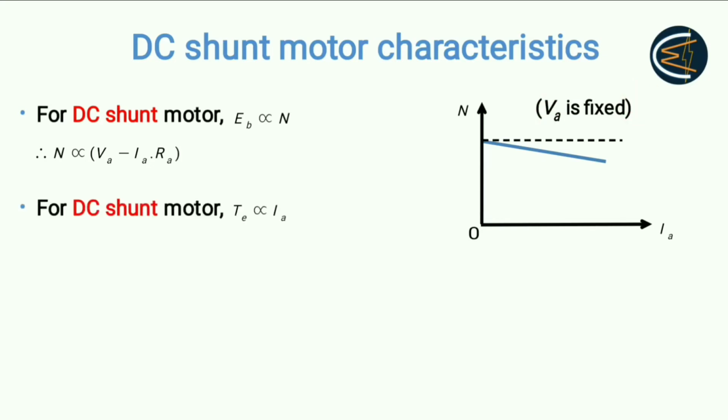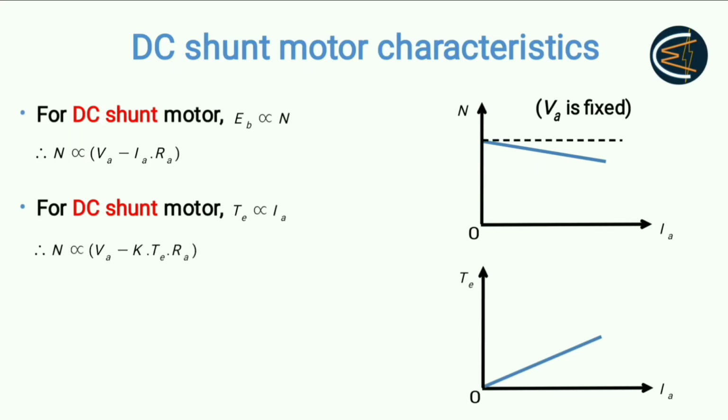Let's move further. For a DC shunt motor we also know that the electromagnetic torque generated is directly proportional to the armature current, because flux is constant here. So this is just a pure straight line passing through the origin. Now if you replace this armature current with the torque, then you will get the relationship between speed and torque.